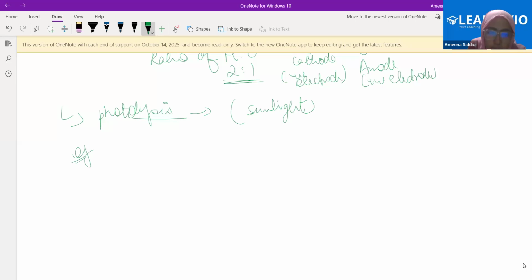Example, if we have AgCl and we keep it in the sunlight, we will see that Ag gets formed. AgCl was basically grayish black in color, and we get this Ag here, totally different.